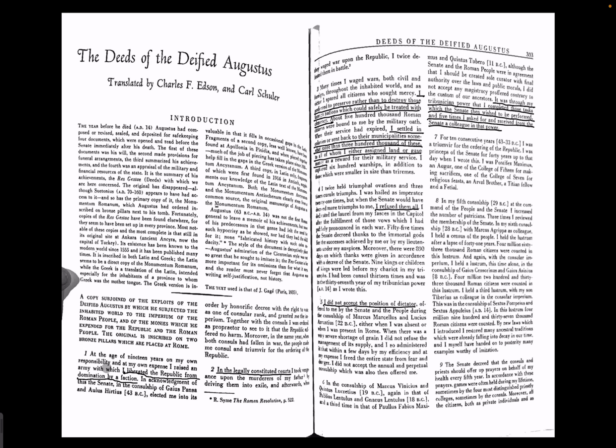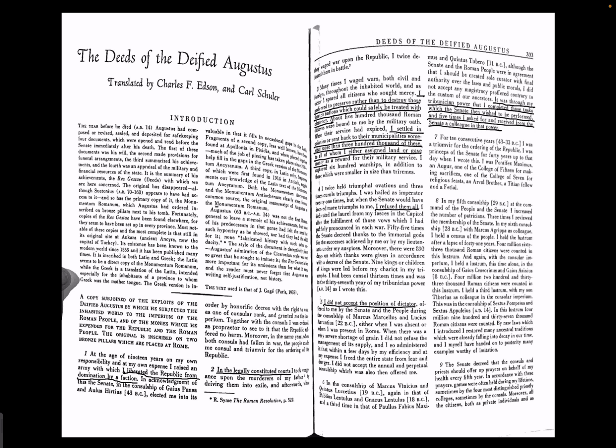This document was inscribed and put up on monuments, on stelae, right? Stone inscription monuments, on roads leading into and out of Rome, the Appian Way, and these other major thoroughfares, the Via Sacra. All of those versions of this actually were destroyed.